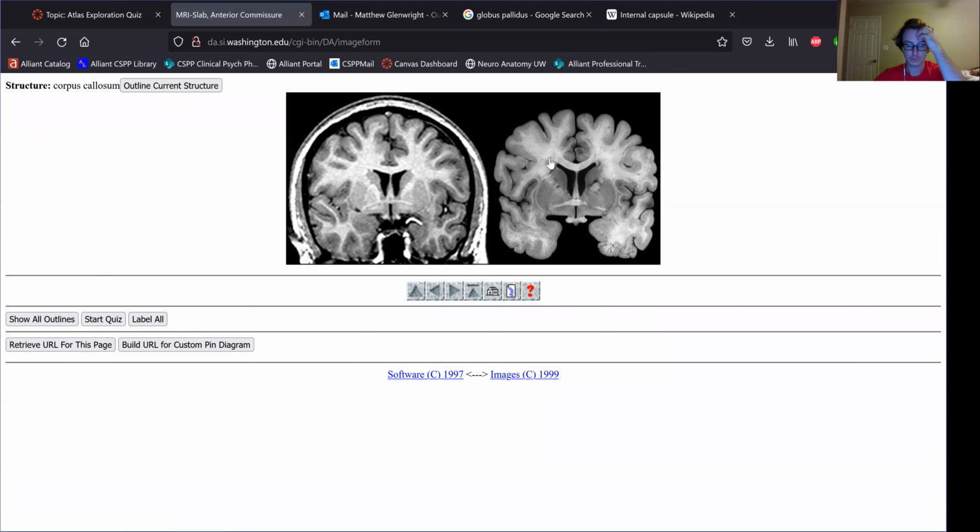Okay, so going from the corpus callosum and the lateral ventricles, we have our basal ganglia area. And the basal ganglia has a couple different important parts. It has the putamen, the globus pallidus, and the caudate nucleus.